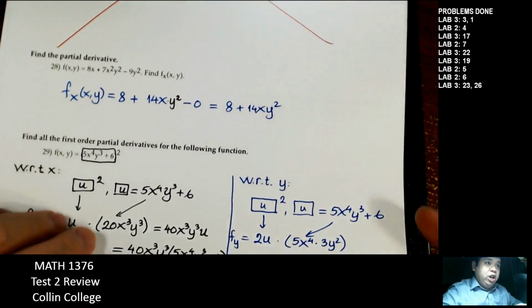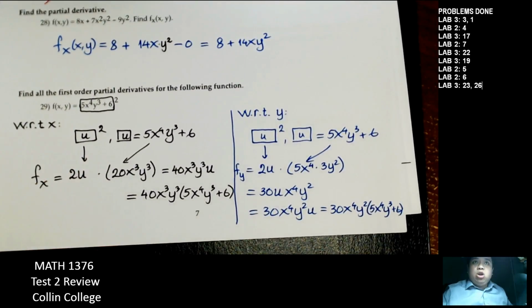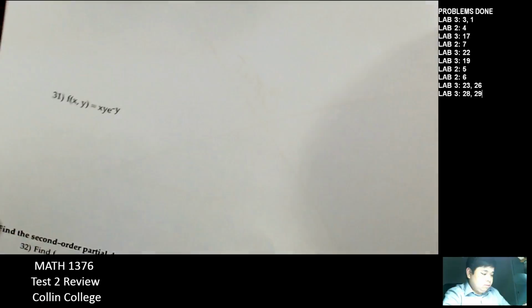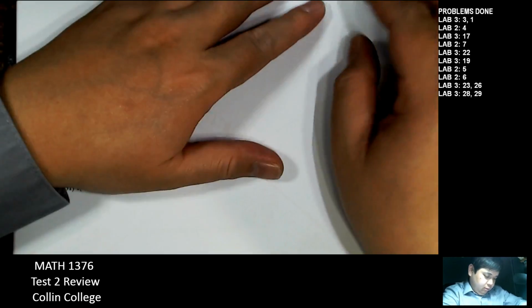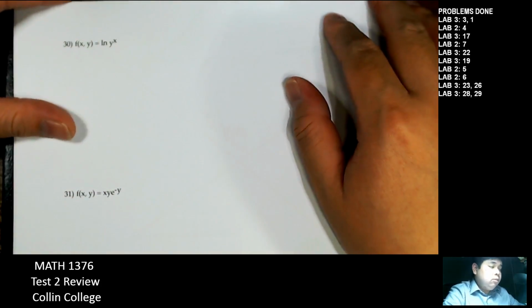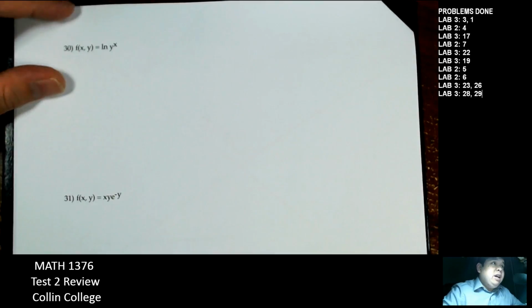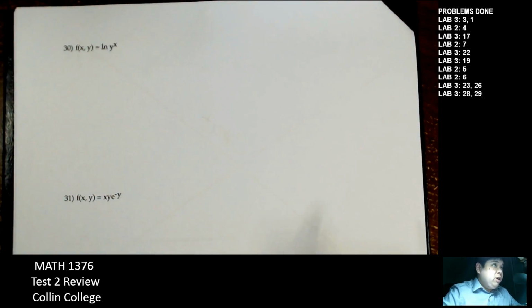So potentially we might have a chain rule in the partial derivatives. Like that would be difficult.